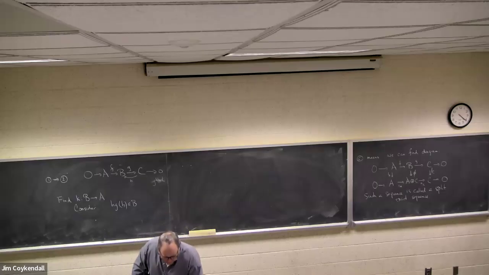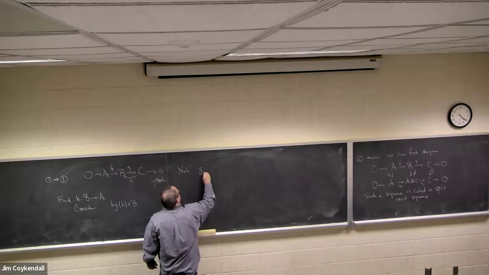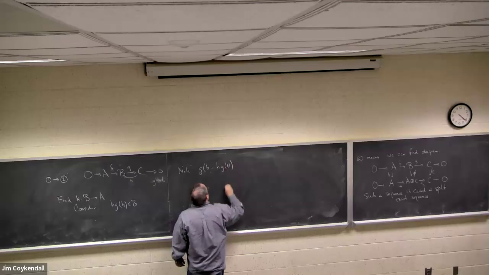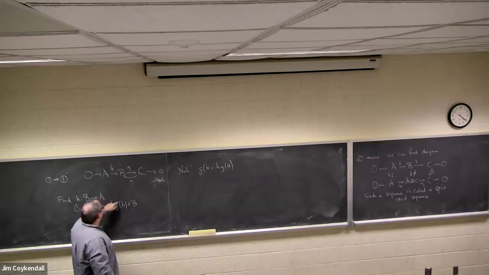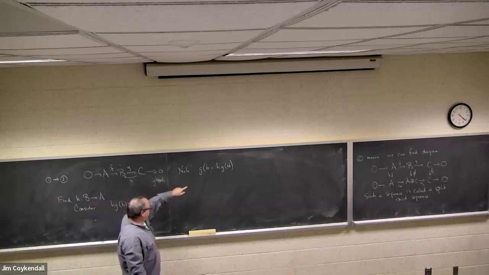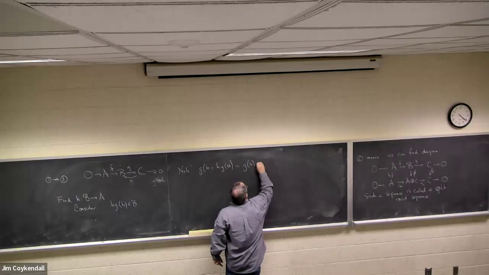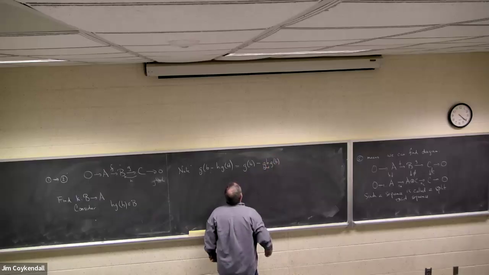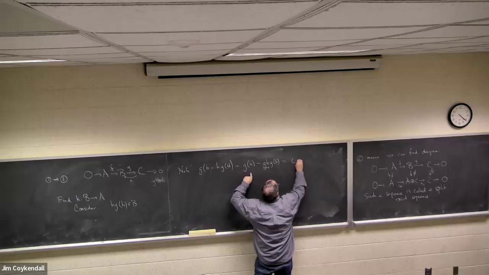Notice that if we take B, run it through the washing machine, this is my new improved B. Look at the difference between B and my new improved B, B minus HG of B. If I apply G to it, this is G of B minus GHG of B. But remember, when you do GH, this is the identity. So this is G of B minus G of B, which is 0.